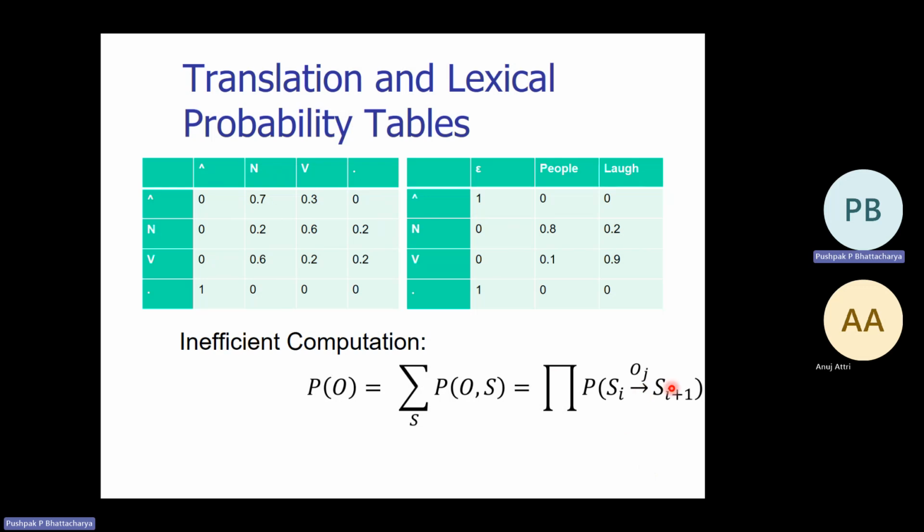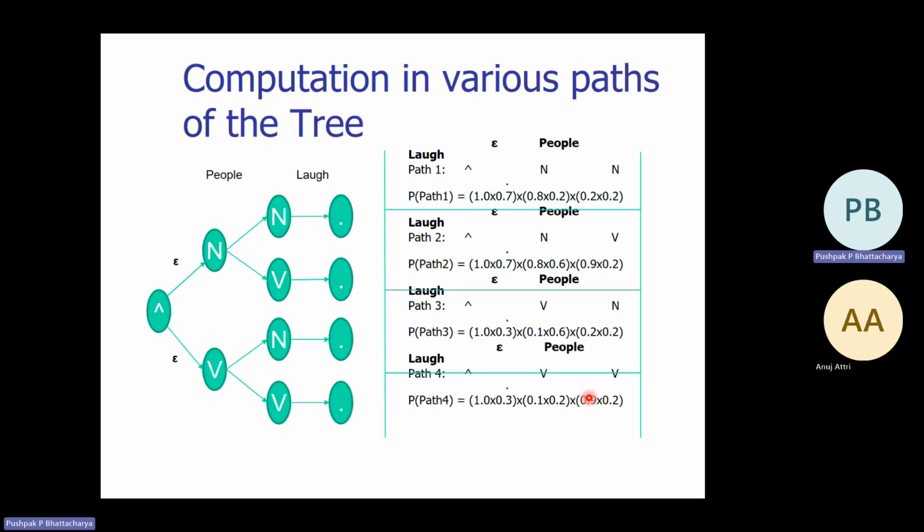But that will be a very inefficient computation. It will be exponential. So what you can do is make use of Markov assumption and the recursive expression for forward and backward probability. So I have this starting state hat. On epsilon, it goes to noun or verb. On seeing people, it goes to noun or verb. This V goes to noun or verb.